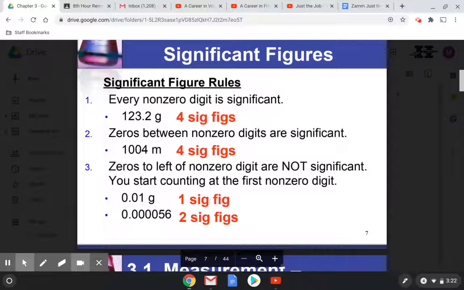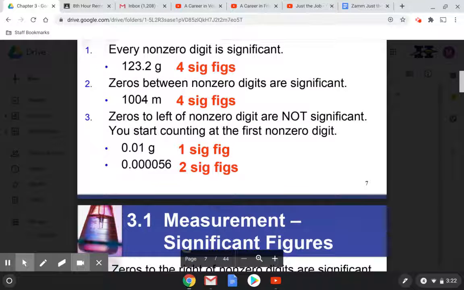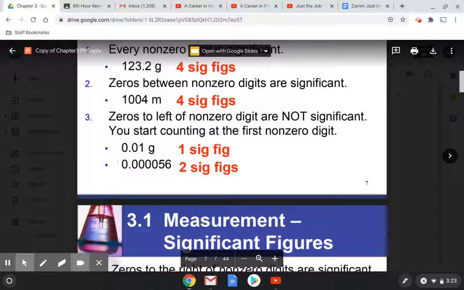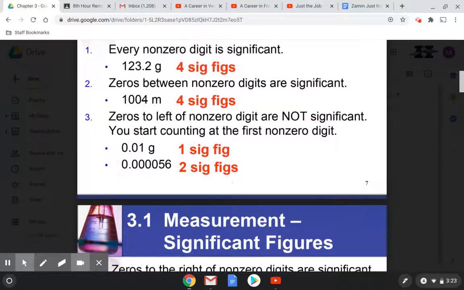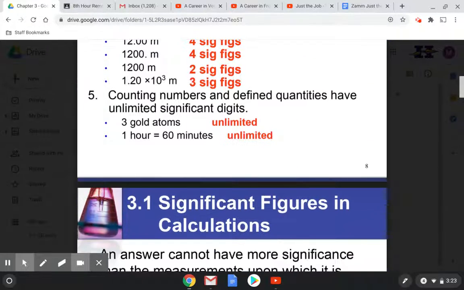So when we look at this example here, 0.01, we know that the 2 zeros are going to be insignificant. We're only caring about that 1. Same thing with the 0.000056. We only know that the 2 are going to be significant because there's not a non-zero digit right here. Okay. And then we went over this.